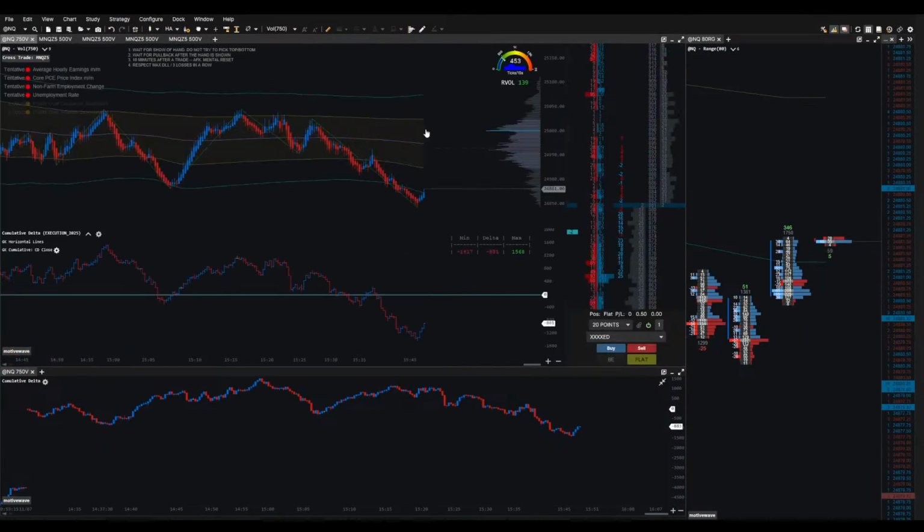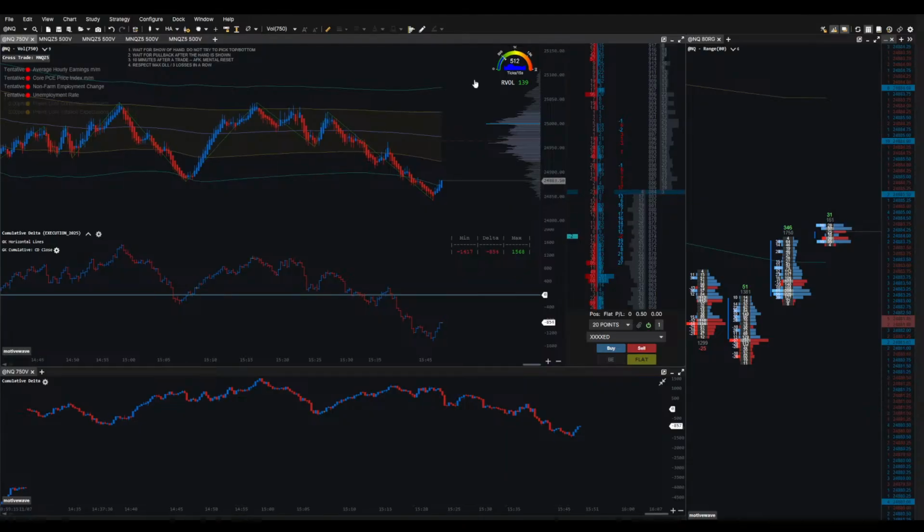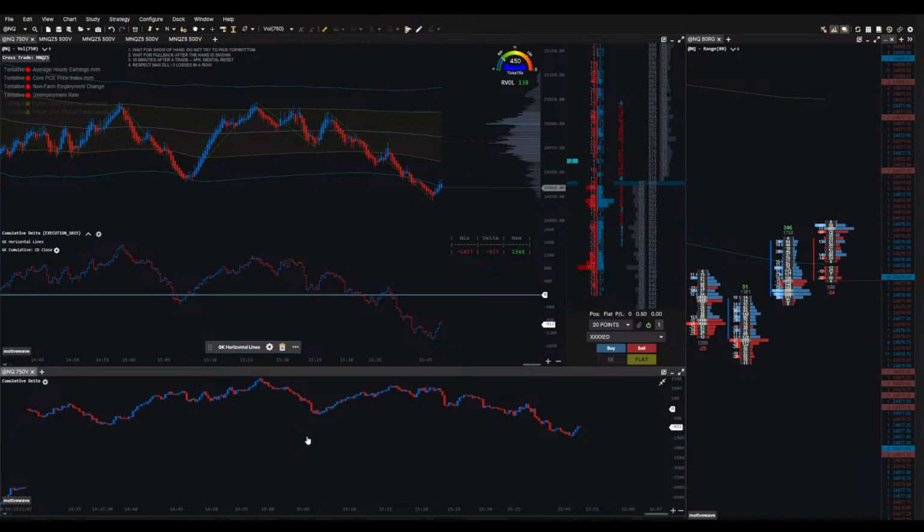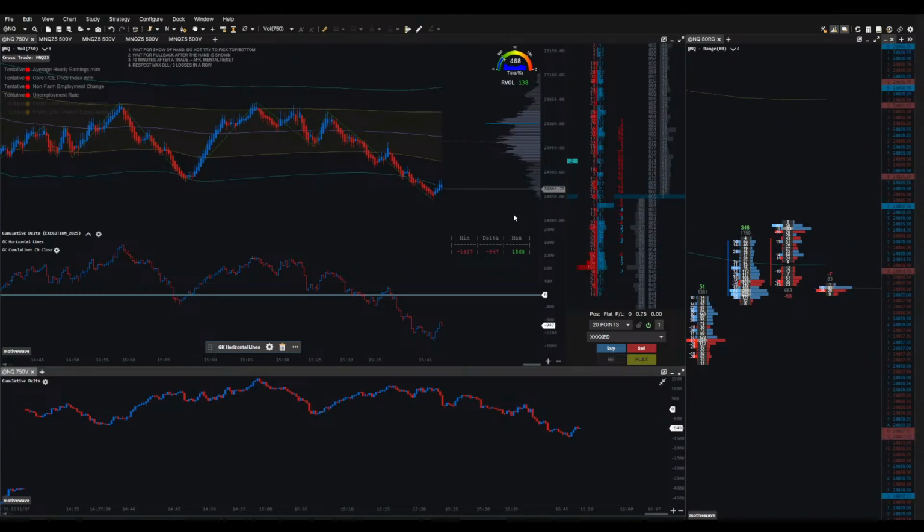NQ, -2 touch. Horizontal lines, save defaults. And wait, how did I end this? Ah, if there is no pullback, there is no trade.